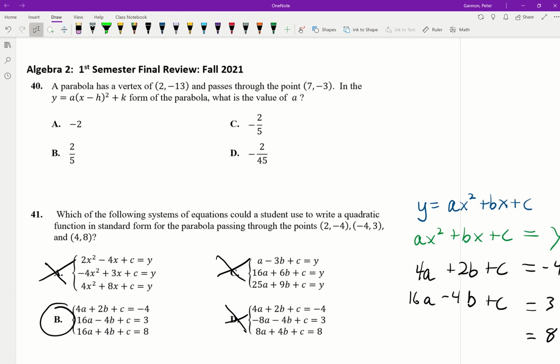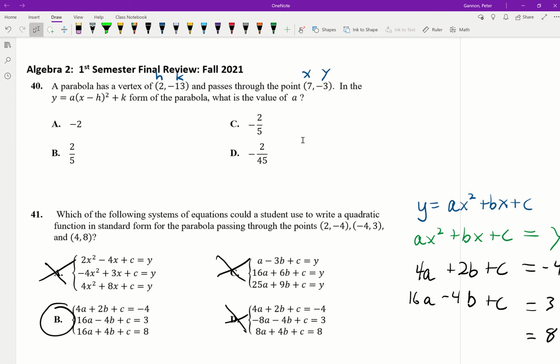All right, number 40. So we did several of these problems when we were learning the unit. But it says a parabola has a vertex of 2, negative 13, passes through the point 7, negative 3, in basically HK form of the parabola. What is A? You need to know HK is the vertex, X, Y is the additional point.